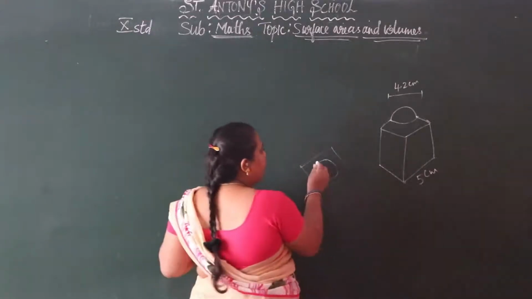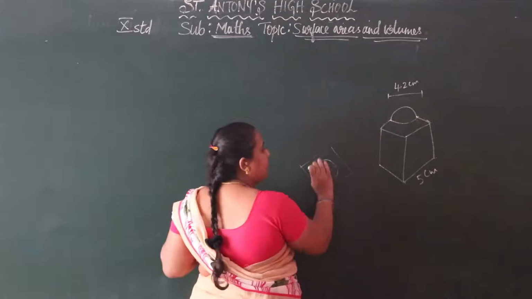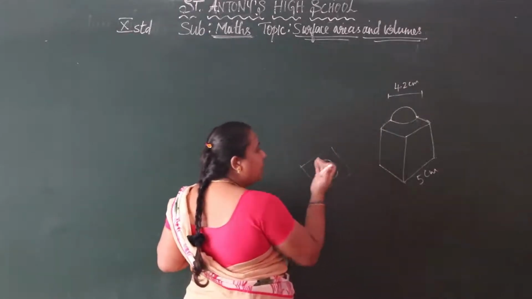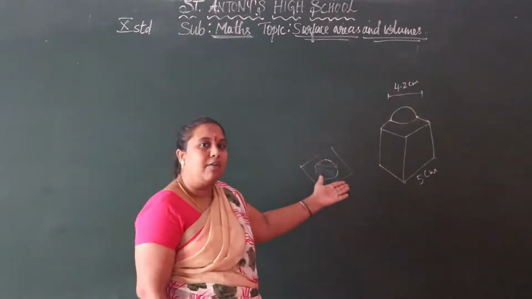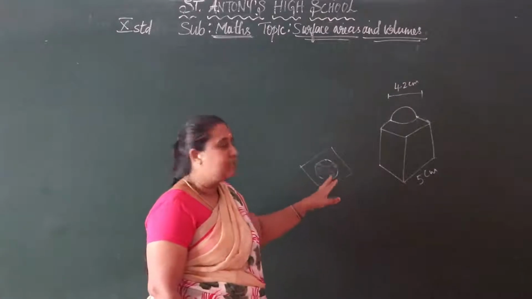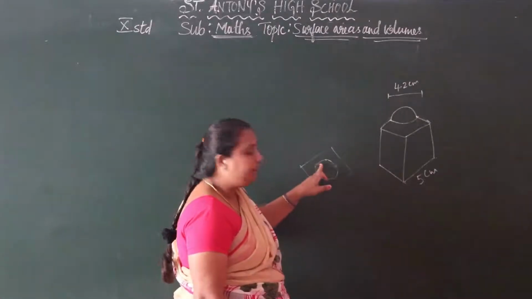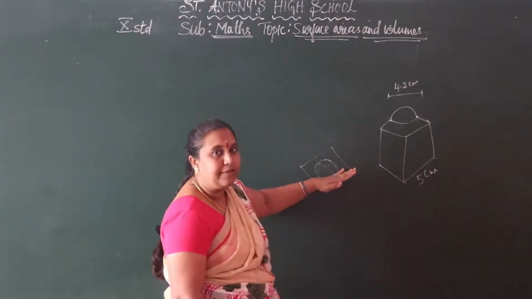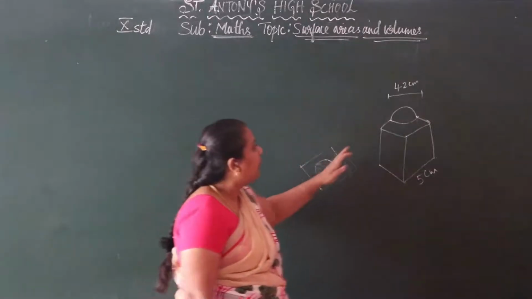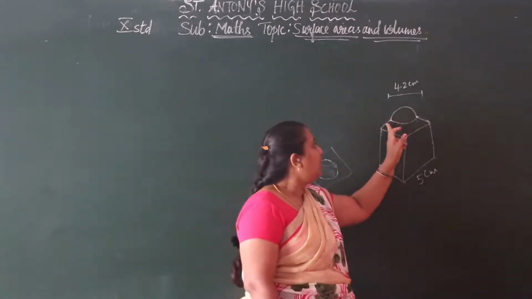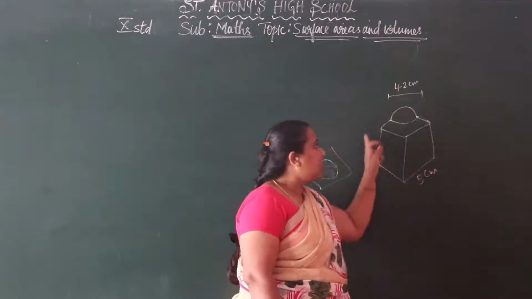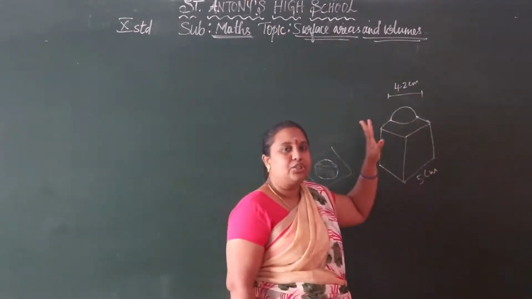We cover the curved surface area of the hemisphere and cut the flat surface of the cube. Then only we get the total surface of this solid shape.